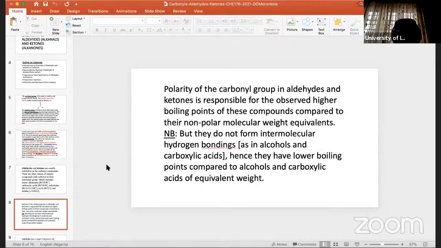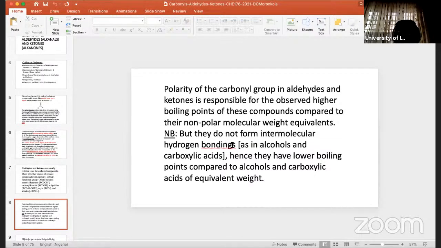And for aldehydes and ketones, that polarity affects a lot their reactions, as well as some physical properties, such as their boiling point. The polarity of the carbonyl group in aldehydes and ketones is responsible for the observed higher boiling point of these compounds, especially when you compare them with hydrocarbons that have similar molecular weights.